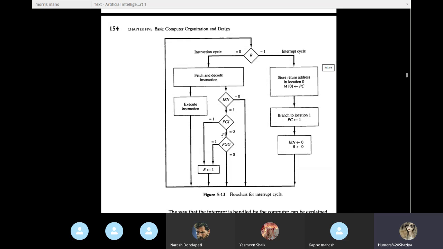If there is any request, then it has to address that. To address that, it sets the flag R to 1. Why does it set the flag R to 1? So that the next time it executes the interrupt cycle and not the instruction cycle.